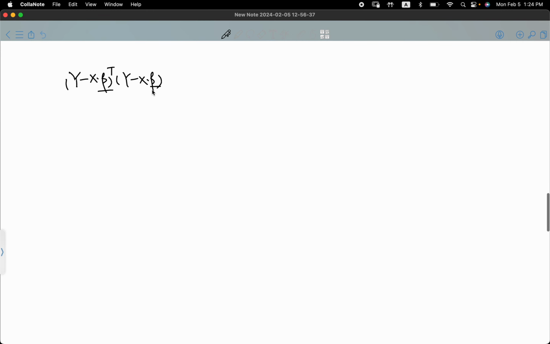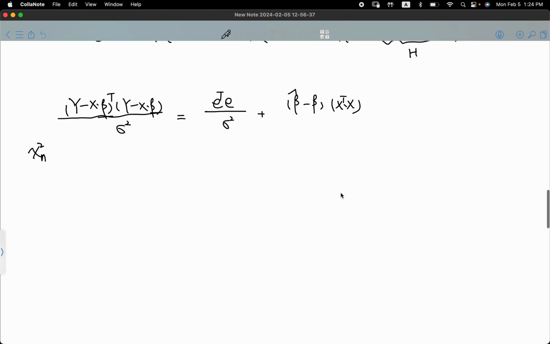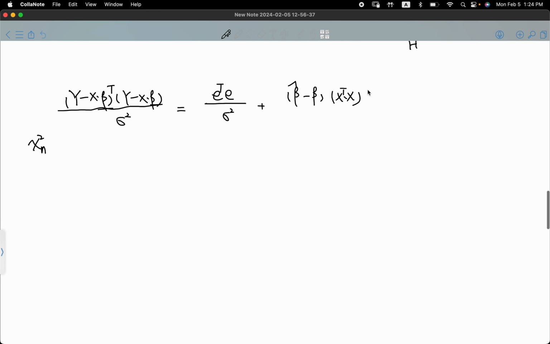This is the true value for the beta over the sigma square, which we know is a chi-square degree of freedom n, with E transpose E over sigma square plus beta hat minus beta x transpose x. There's no inverse here. And then beta hat minus beta over that.